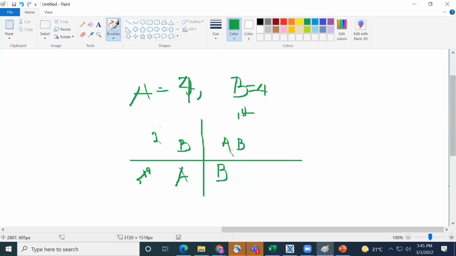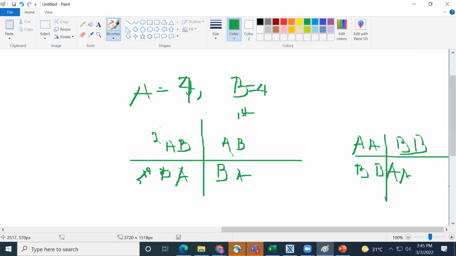Then you place B, A. Somebody may say I can do it like this. Here both are correct, but whichever is more dispersed will be preferred. Dispersed means all are arranged properly in all dimensions, not only in one direction. So this will be more preferred.